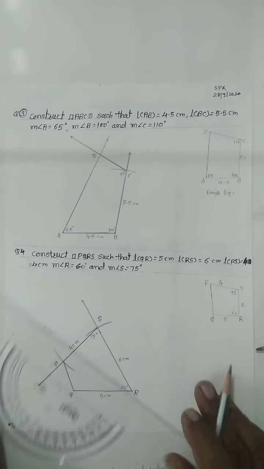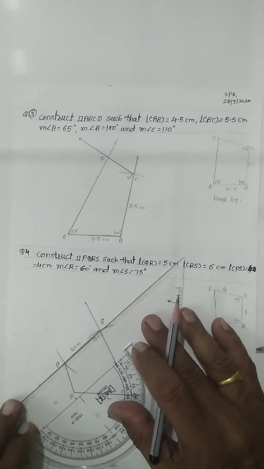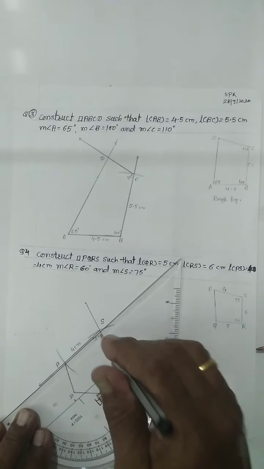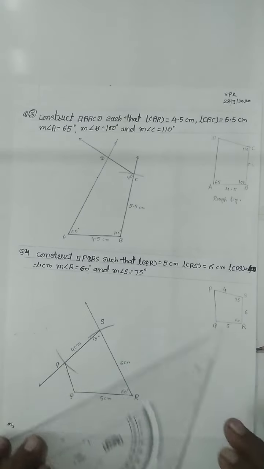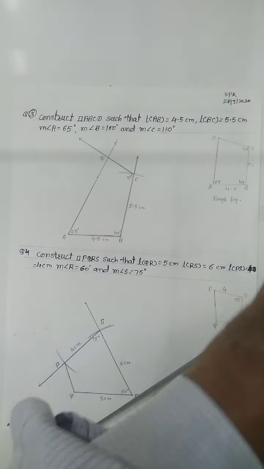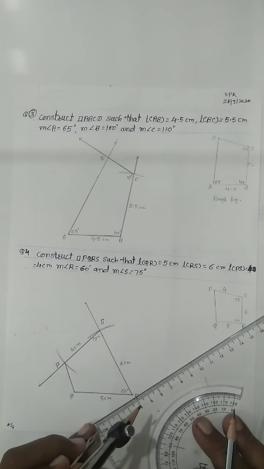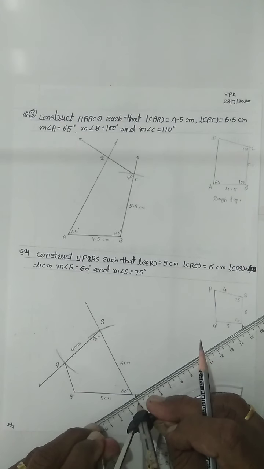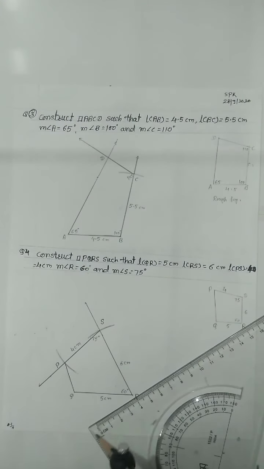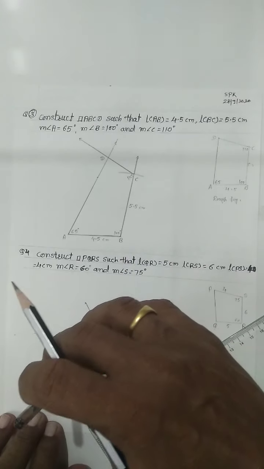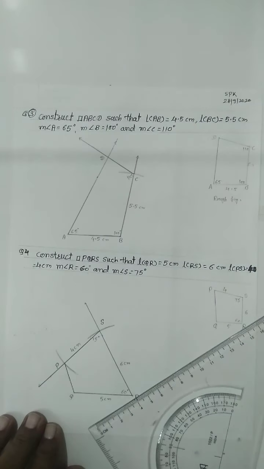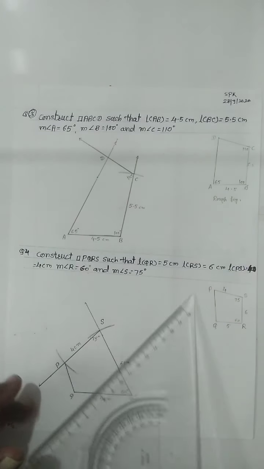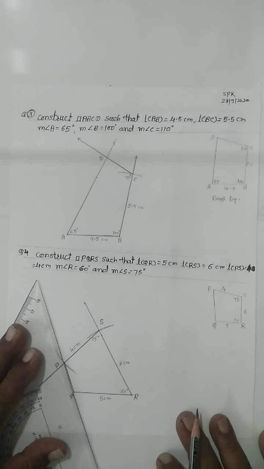Put a point here, then draw the ray which starts from S. Then take a distance between two terminals of the compass, that is the length of side SP 4 centimeter, and draw one arc from this S. We get point P. This point P join with Q by using the scale.